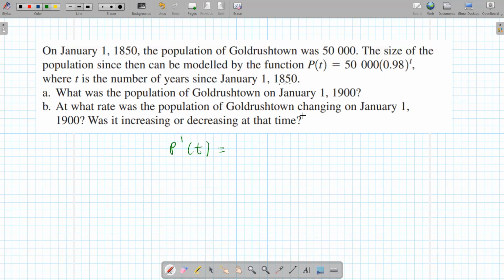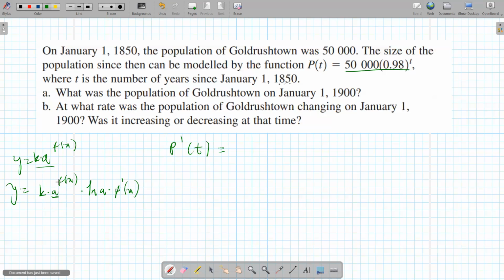Want to have a go at this? What is it? Here's the rubric for it. For a to the f of x, the derivative is, again, there could be some constant here, exactly itself times the ln of this constant times the derivative of the exponent. Compare this with this. What is the derivative?